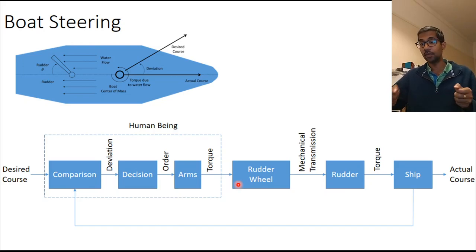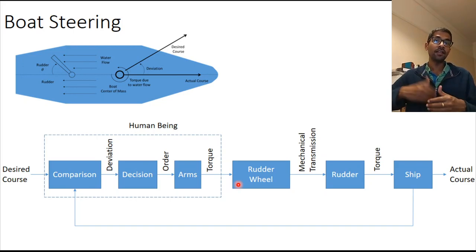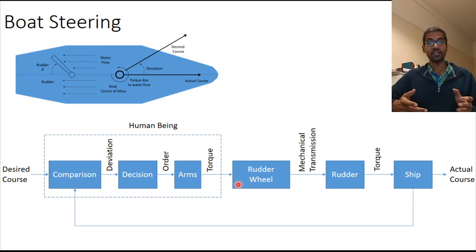Why do you have to keep looking and keep adjusting the rudder so that the ship goes in a particular direction? The reason, of course, is that there are so many uncertainties involved with navigation that you cannot be certain as to how, for example, the currents in the water are or what the wind direction is. And as these variables keep changing, you have to keep steering the boat so that it goes in the direction that you want to, right?